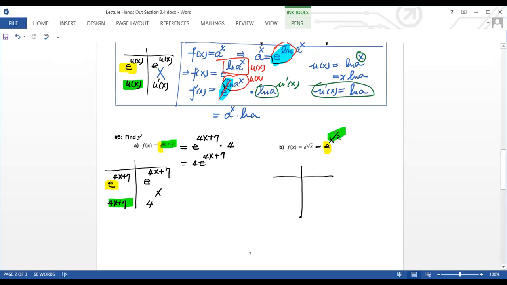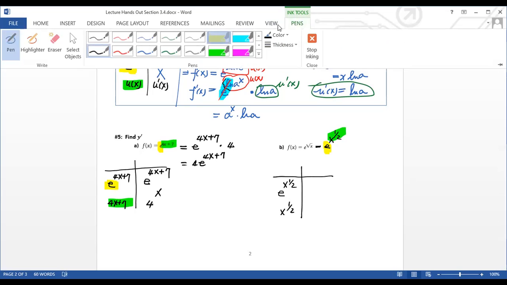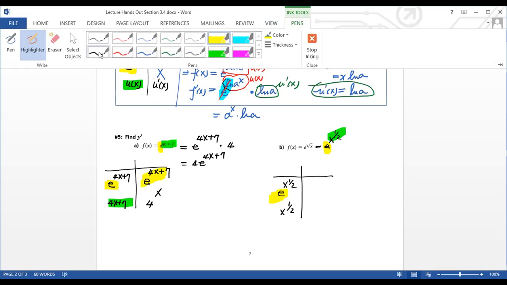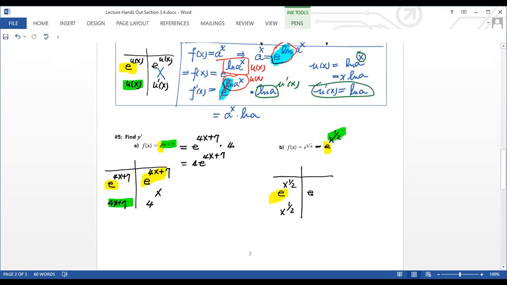So we'll see here, this is e to the x to the 1/2, and then this is x to the 1/2. Now you take the derivatives, right? So remember, I'm only dealing with the e here, right? So the e, the derivative will be itself. So it's e to the x to the 1/2 power. Or if you want, you can write it back to the square root of x.